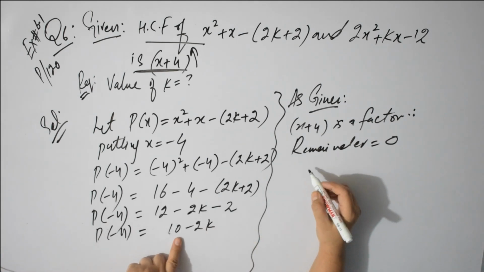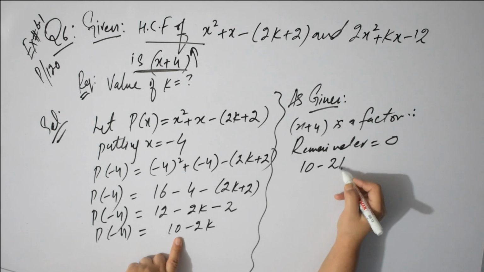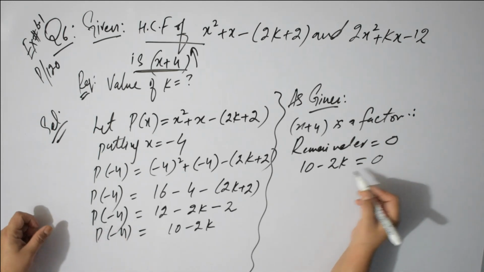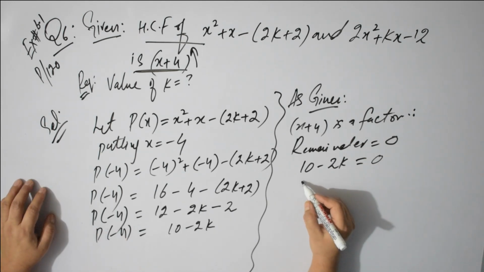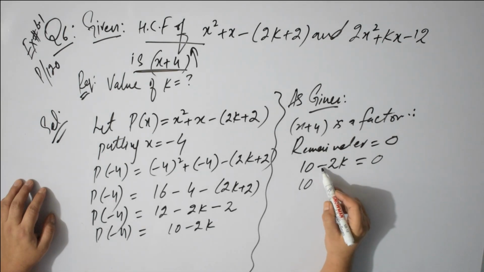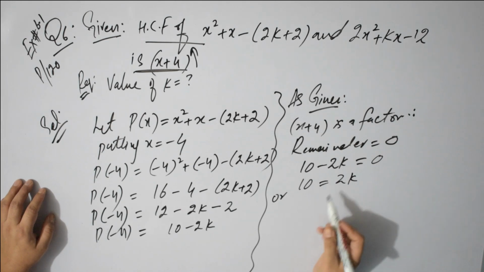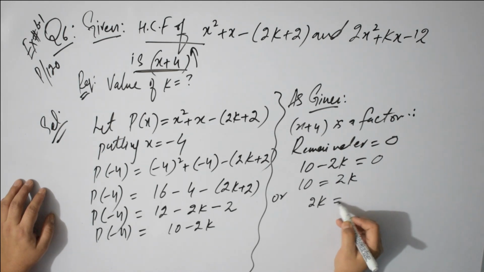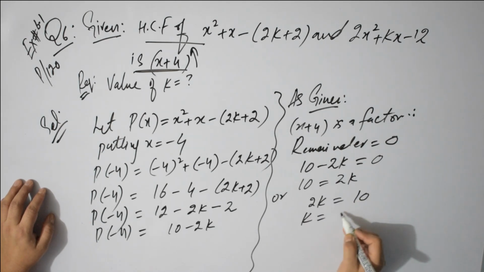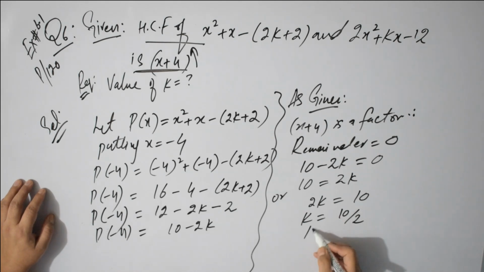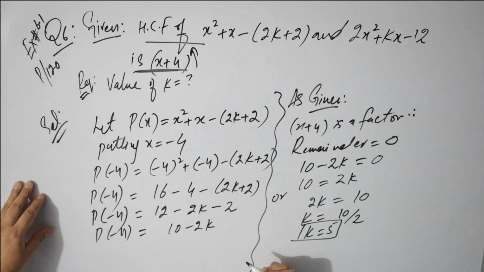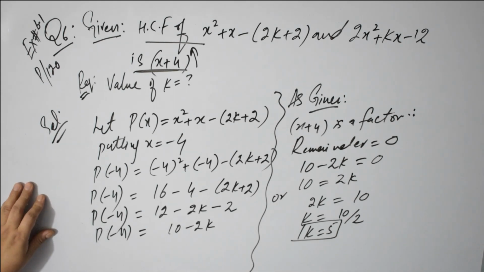So, my remainder is 10 minus 2k. I equate this equal to 0. I shift this negative to the other side, it becomes 2k is equal to 10, and k is equal to 10 by 2, that is k is equal to 5, right students. So, this is the answer to question number 6, that is k is equal to 5.